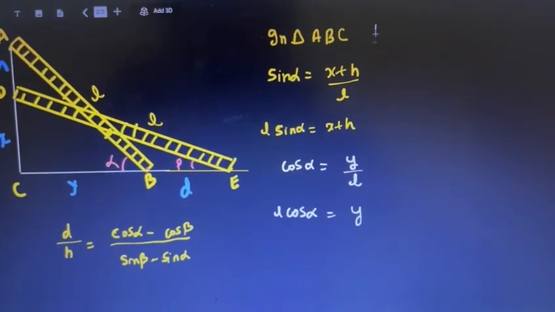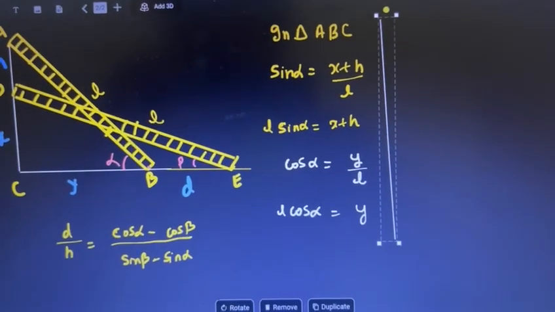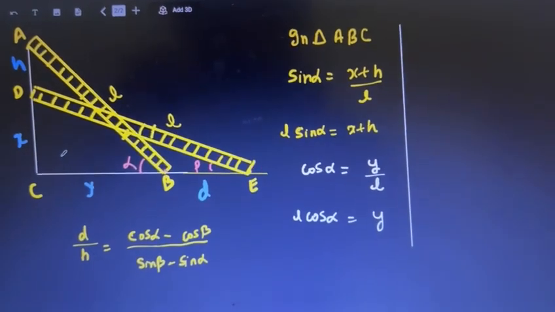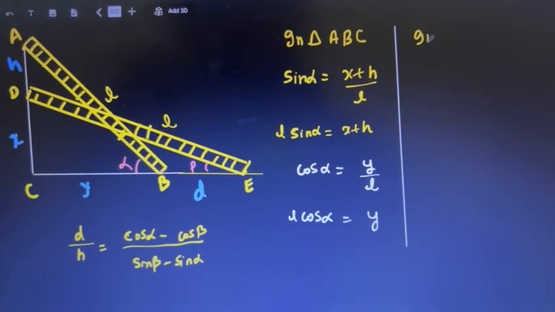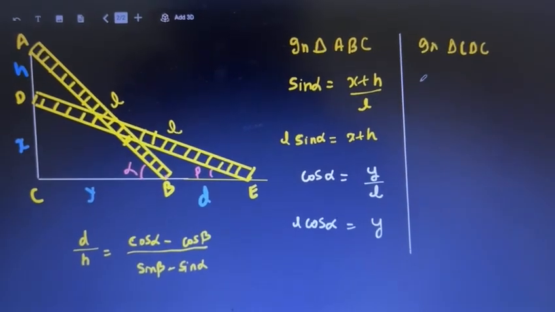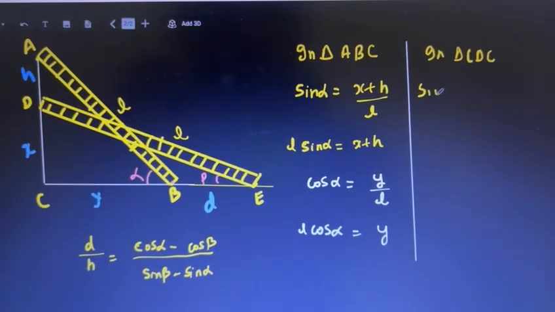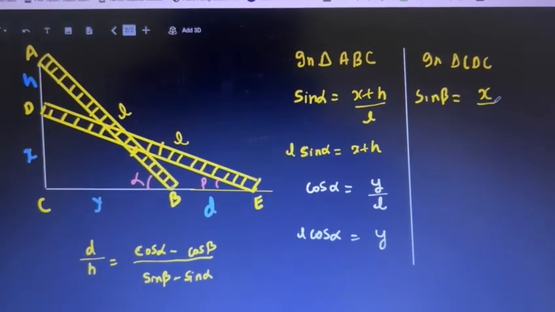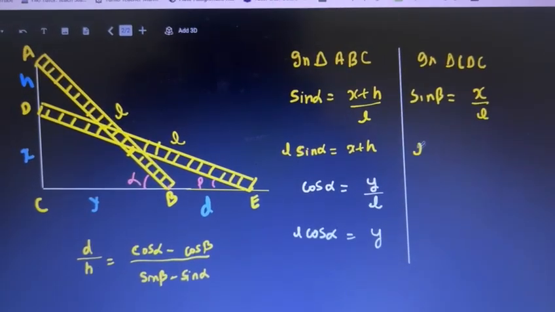Okay, now moving ahead. Now take another triangle, the triangle EDC. In triangle EDC, we'll take the same two ratios, sin beta and cos beta. Now what is my sin beta? Sin beta will be opposite, which is X, over hypotenuse L. So cross multiply, what will we get?